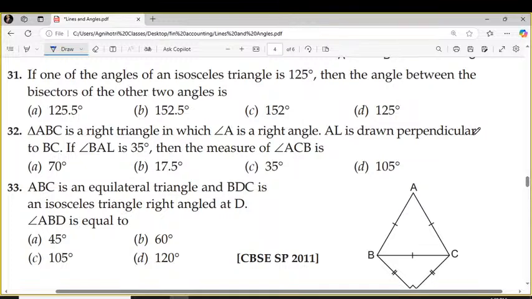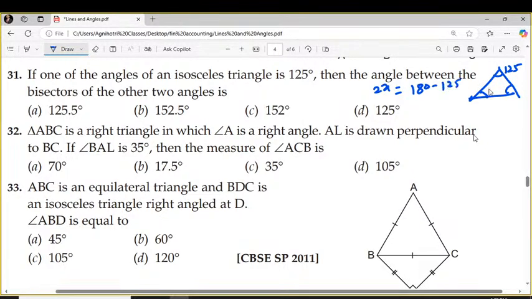Sir, what would be the answer for 31? For 31, if one of the angles of an isosceles triangle, they said isosceles triangle, it can't be 125, otherwise both need to be 125. Actually the other two need to add up to 180 minus 125.